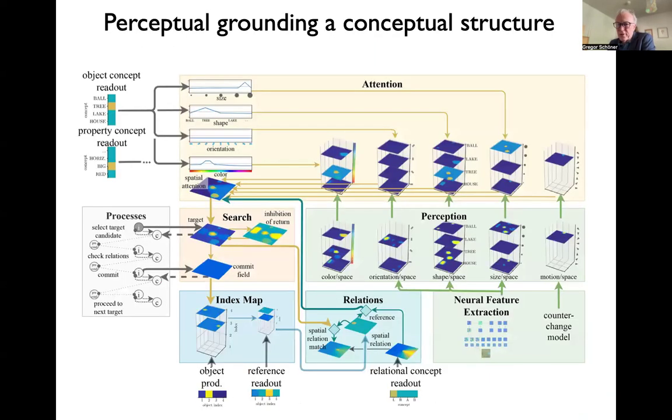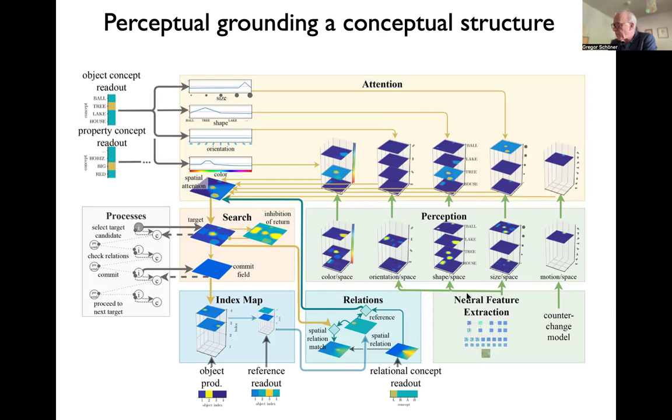There's more to explain. So this is the architecture that does that. I'm just hinting at the interface with the thing I just showed you. And to perceptually ground, that is to attend in the visual array to the object that is designated by these complicated nested phrases, you have this complicated architecture, which is actually always the same across all our different models. So it's only initially very complex. There are different feature space fields. There's a perceptual layer for that.